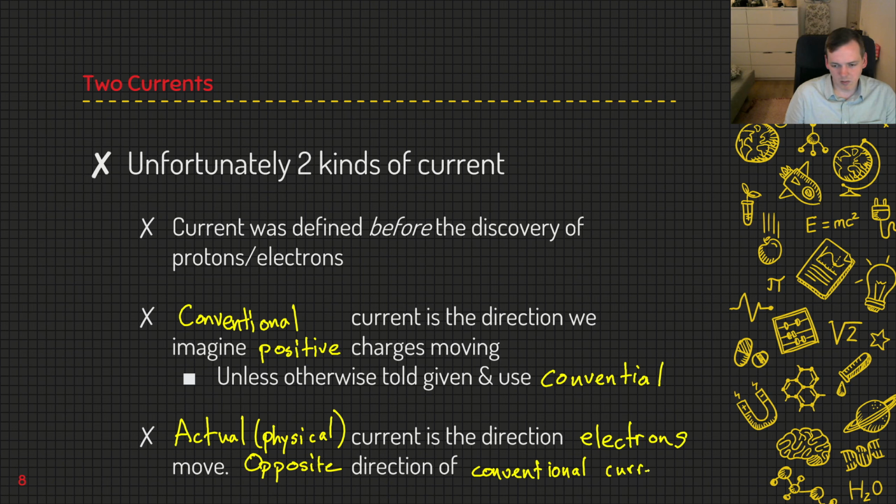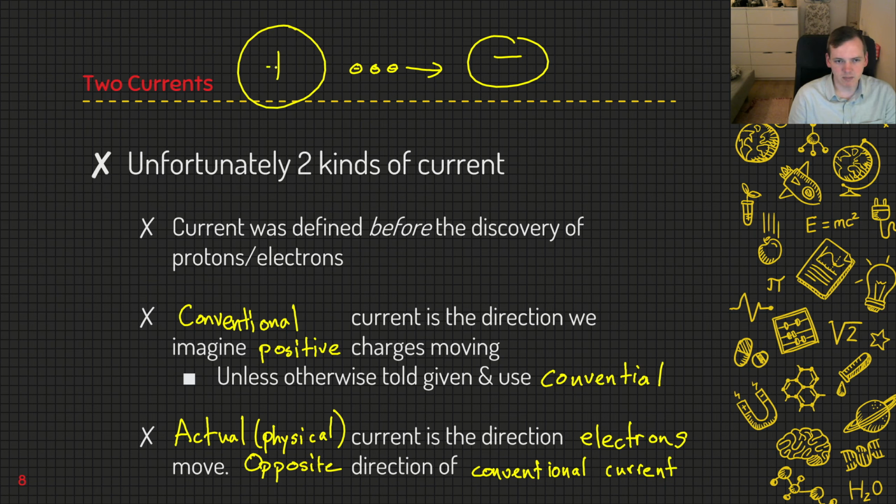You can think about this as, if I have a bunch of electrons moving from left to right, it's going to make whatever's on the left more positive over time, and whatever's on the right more negative over time. We can just as easily imagine, though this isn't actually happening, positive charges moving from right to left, and that will have the same result of making the thing on the right more negative and the thing on the left more positive.